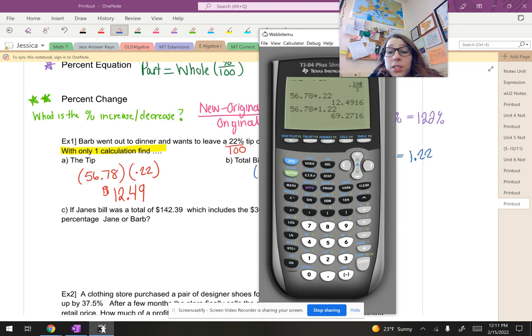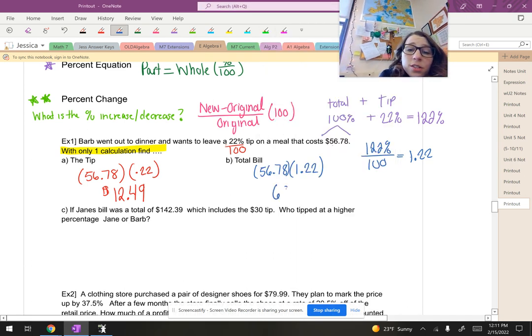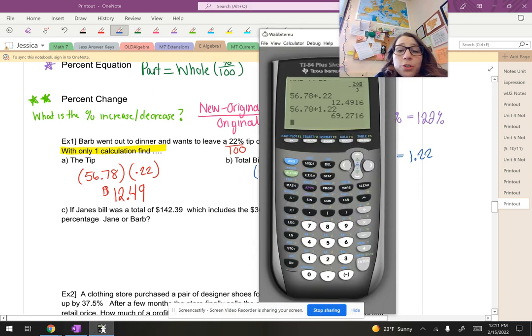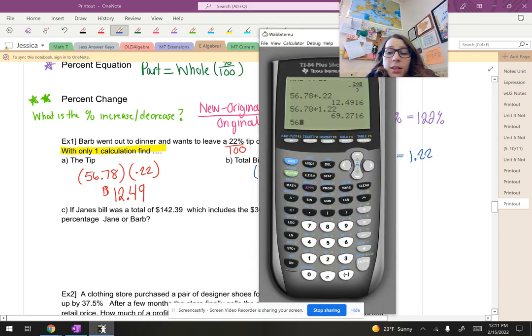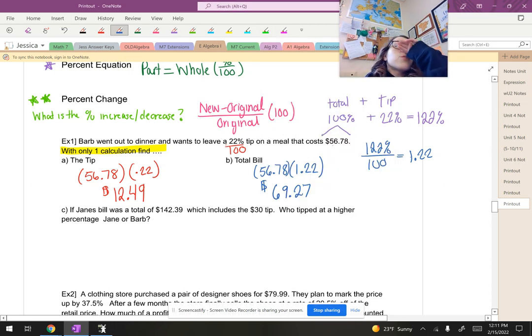And you will see that gives me $69.27, which would be exactly what we get if we took that original $56.78 and added my tip of $12.49 to get the $69.27. So yes, you can use the old school proportion, but you want to get in the habit of using the equation because it's just going to make your life easier. Less work, yay us.